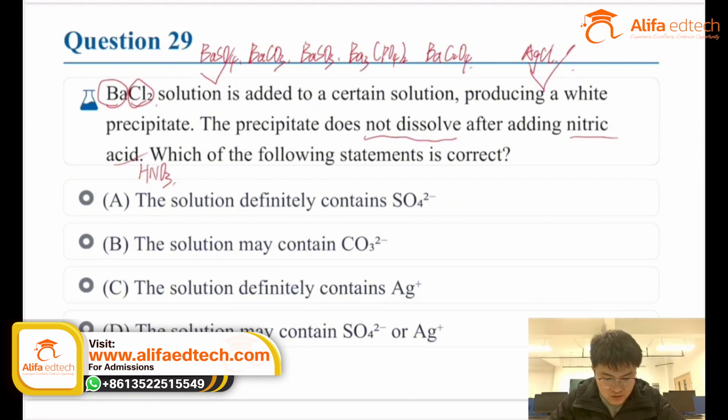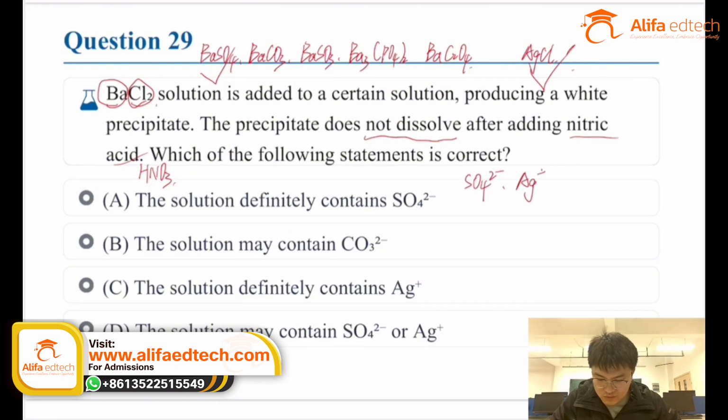According to the information provided by the question stem, these 2 precipitates are not distinguished in any way. So in the final solution, is it the sulfate in barium sulfate that is in the solution, or silver ions in silver chloride?